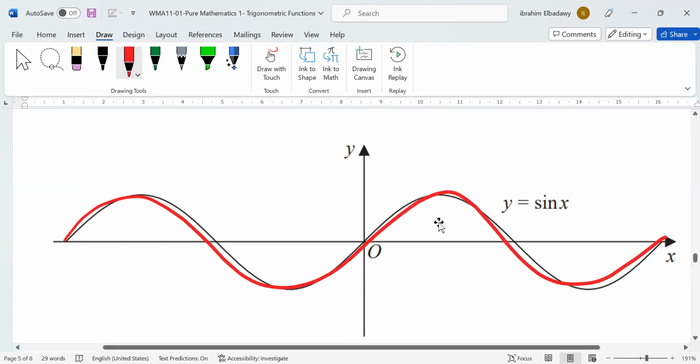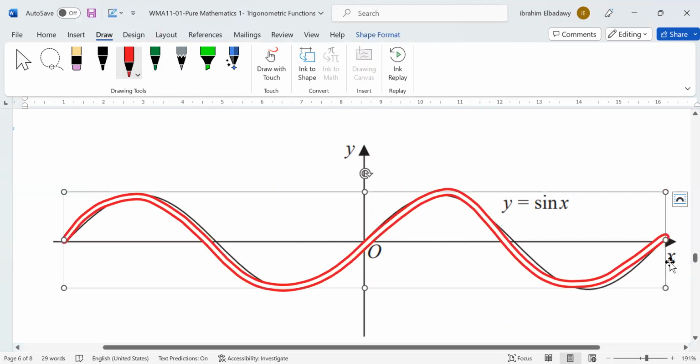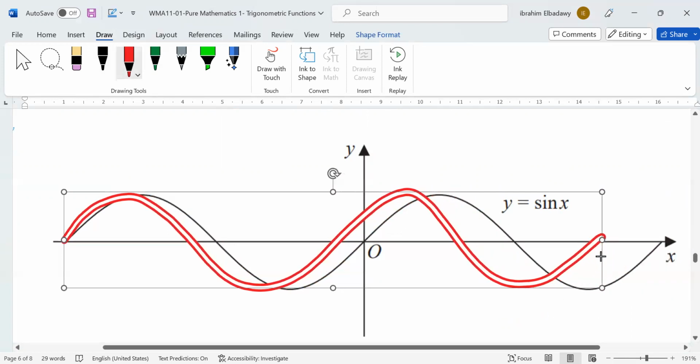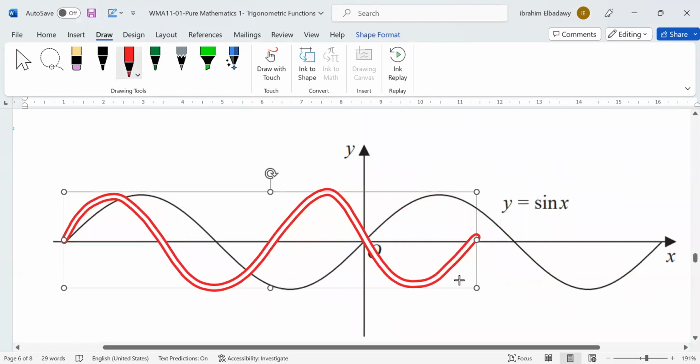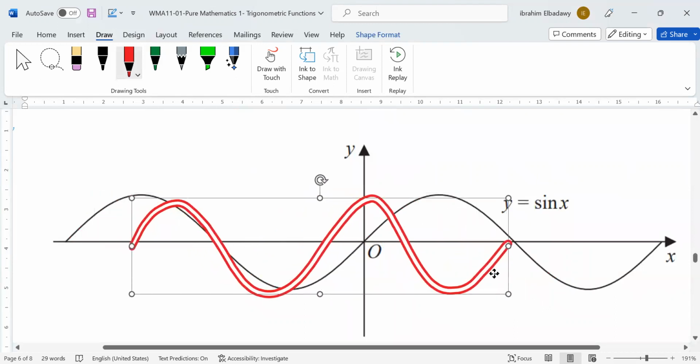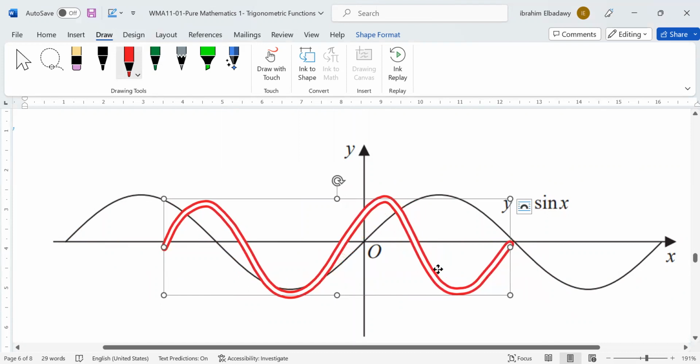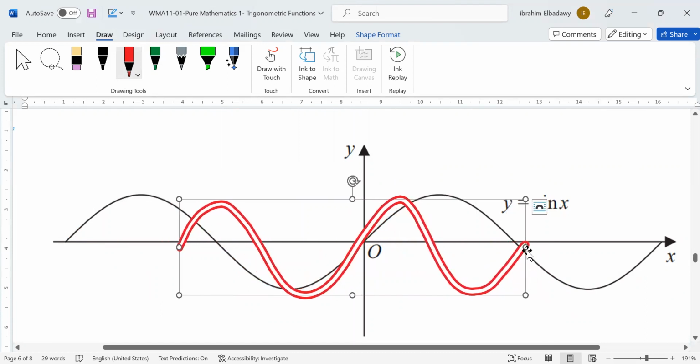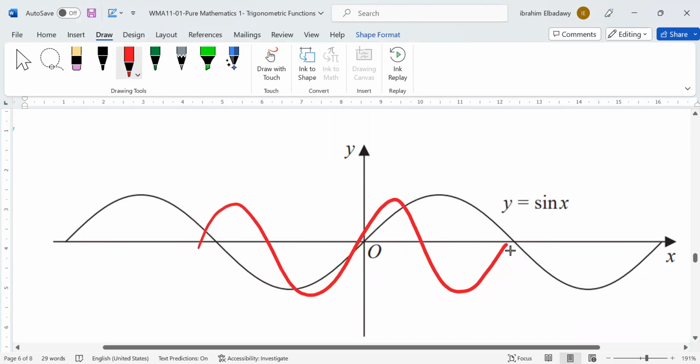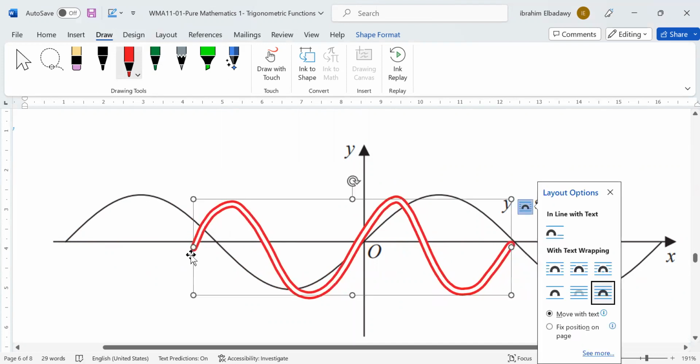this is your sine wave. Actually, the sine wave is related to 360, from 0 to 360, and you have to divide it by 2. It will be like that. Look, it will be like that.